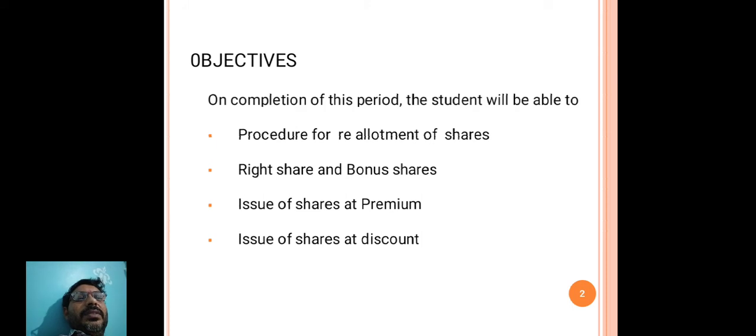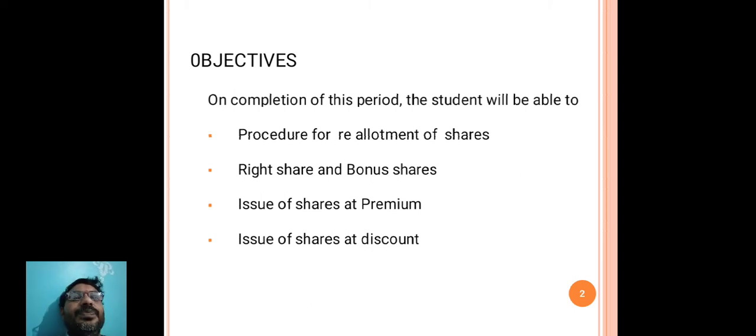In today's session, the topics I am going to explain are the procedure for reallotment of shares, right shares and bonus shares, issue of shares at premium, and issue of shares at discount.